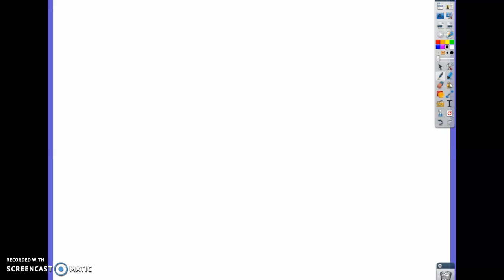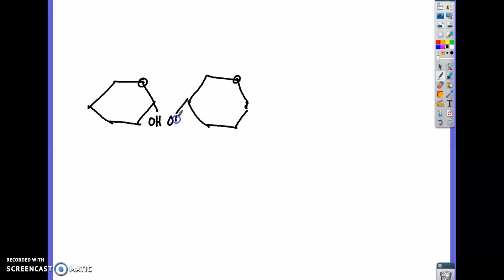All right, let's look real quickly. How can water be used to hook things together or apart? One common example, we'll talk about this more later in the year, is glucose. Now that's roughly what a glucose looks like, okay? Actually it's five-sided with the oxygen, but for now this is going to work. All right. It turns out that glucose has an OH group here, and it has an OH group here. Okay?